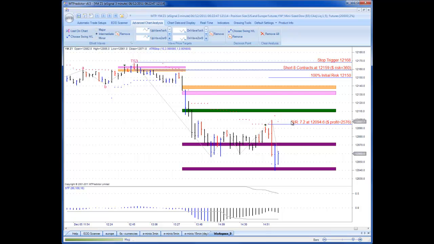So a very good example of a good trade setup, and as you can see, plus 7.2R was much larger than the minus 1R loss, and that's the key to the MTPredictor trade setups: big profits and small losses.